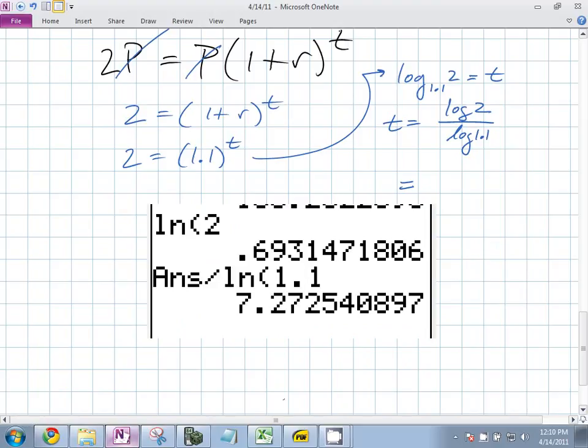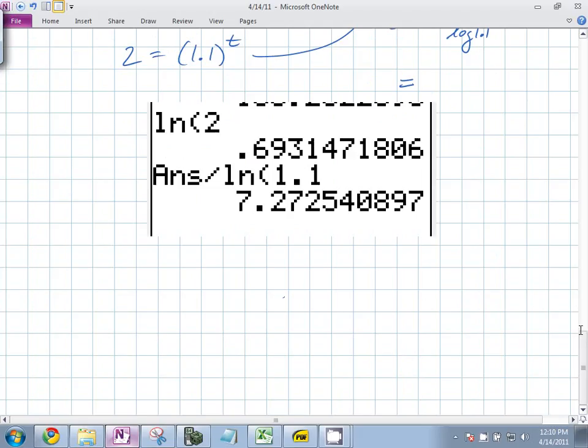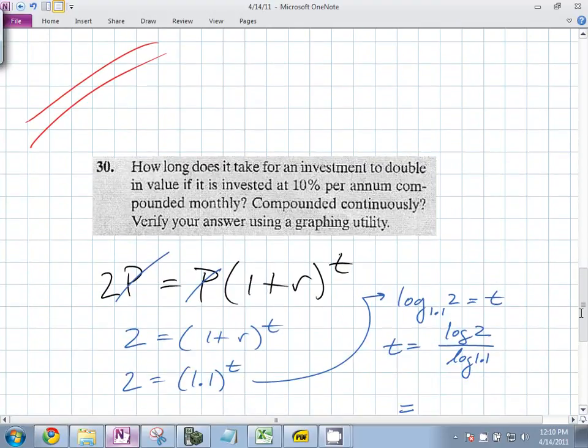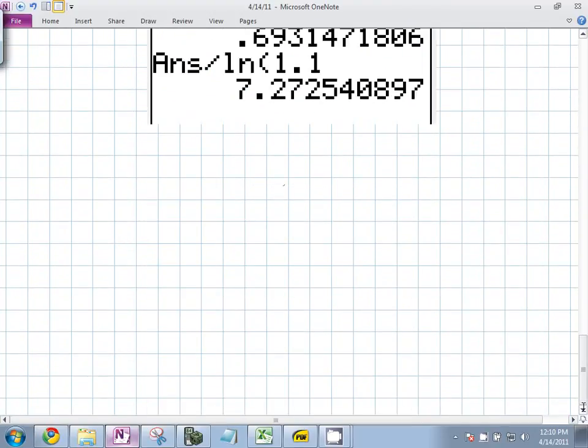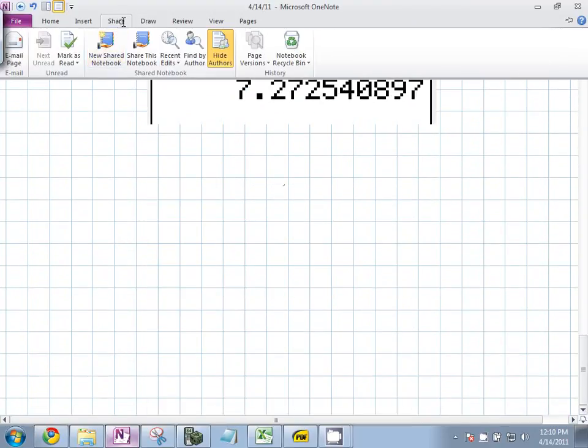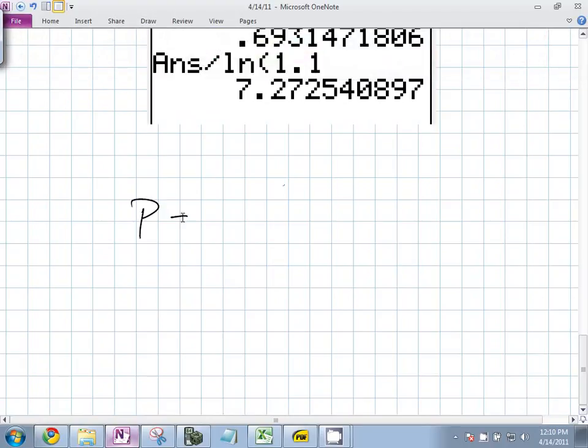Something like that, right? Okay, now it says, how long does it take to double, but it says compounded continuously. What's the continuous interest formula? A equals Pe to the rt. So again, what's the amount you're going to end up with? So it turns into 2 is equal to e to the 0.1t.